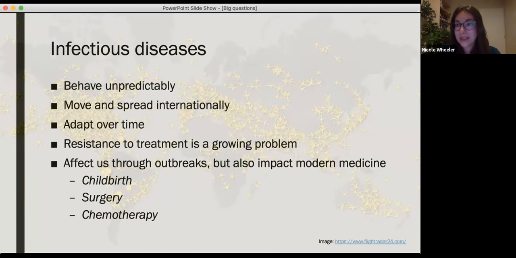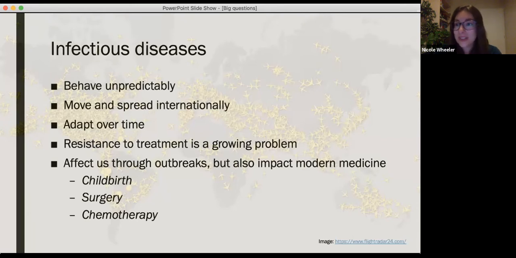And once it's spread, it can adapt over time in response to our attempts to eliminate it. And one thing that's a really big problem across infectious diseases is growing resistance to treatment. So things like antibiotic resistance. And while it's really easy at the moment to picture the impact of infectious disease in the form of outbreaks and pandemics, infectious diseases really have a far-reaching impact on all of modern medicine.